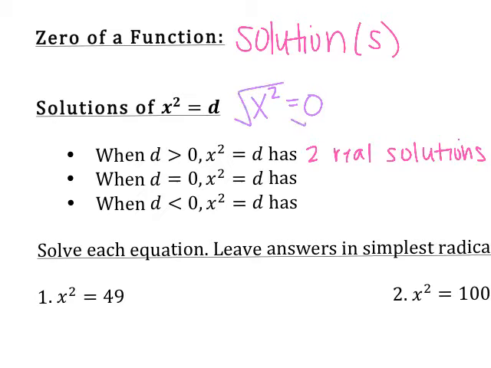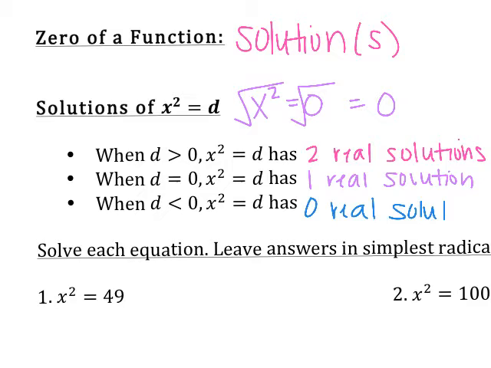When you take the square root of 0, you just get 0. So 0 doesn't really have a plus version and a minus version, so you end up with just one real solution. And finally, when d is less than 0, we have 0 real solutions because you cannot take the square root of a negative number and get a real solution.